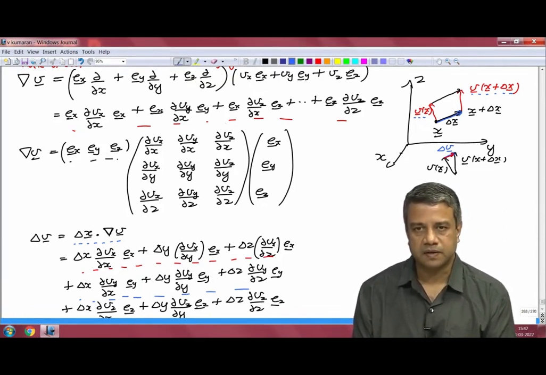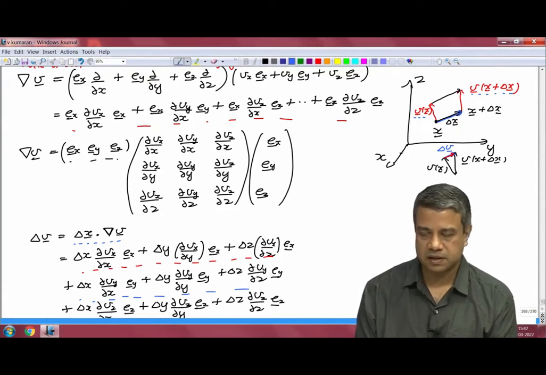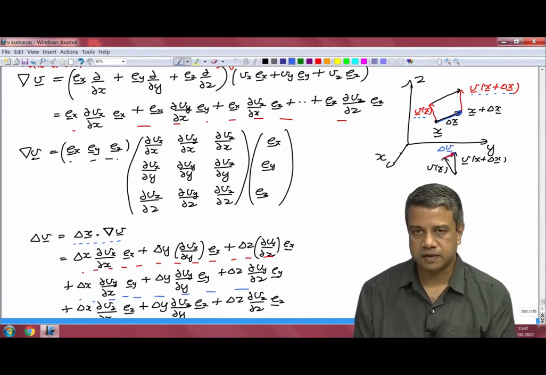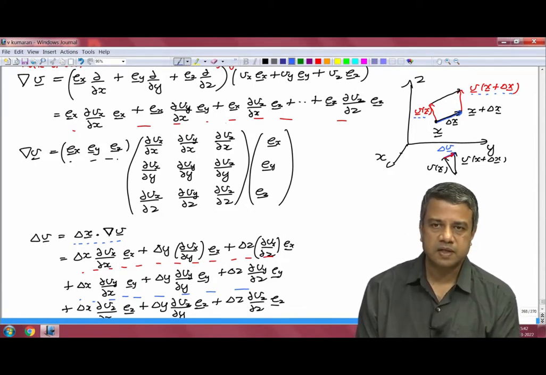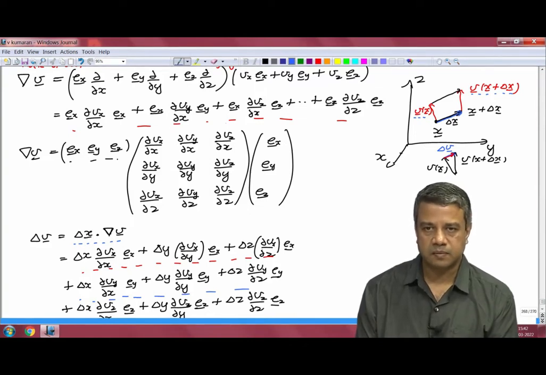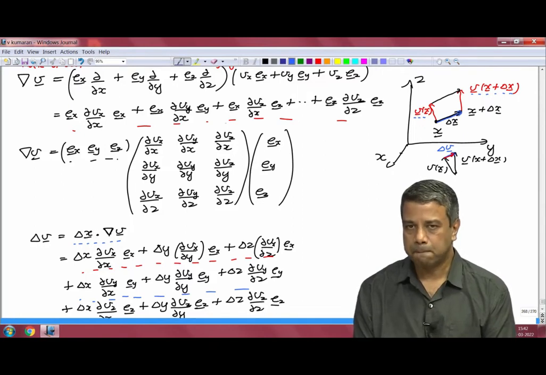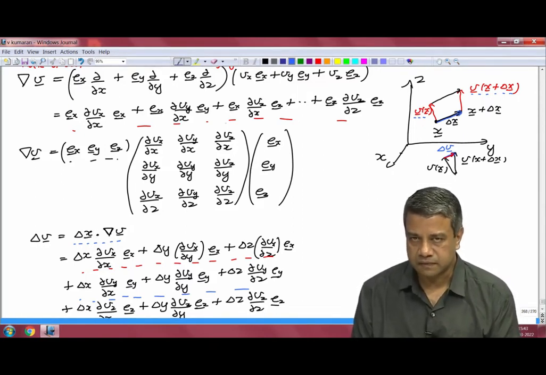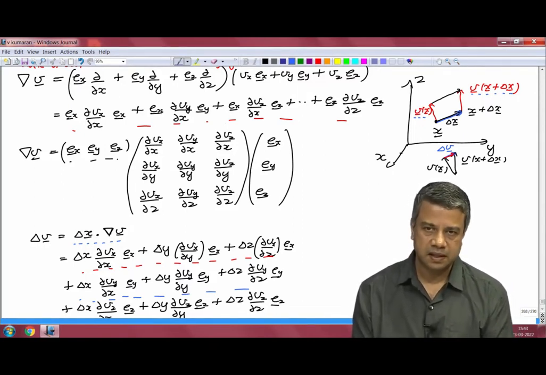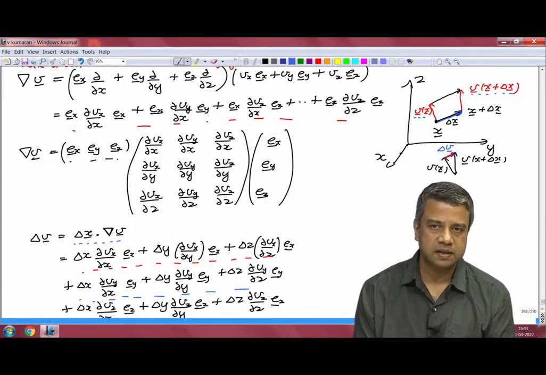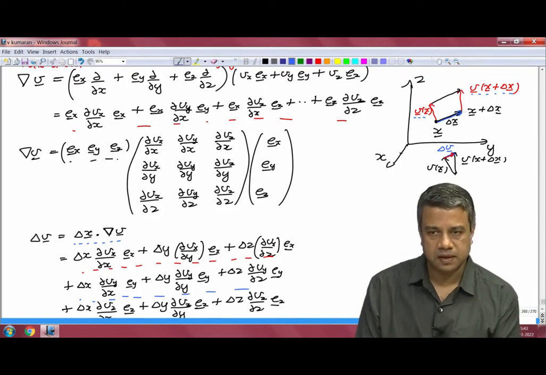The difference in velocity is given by the gradient. So, the gradient of the velocity gives you the local deformation of a line element between two locations. The difference in the velocity between two nearby locations is the gradient of the velocity dotted with delta x.